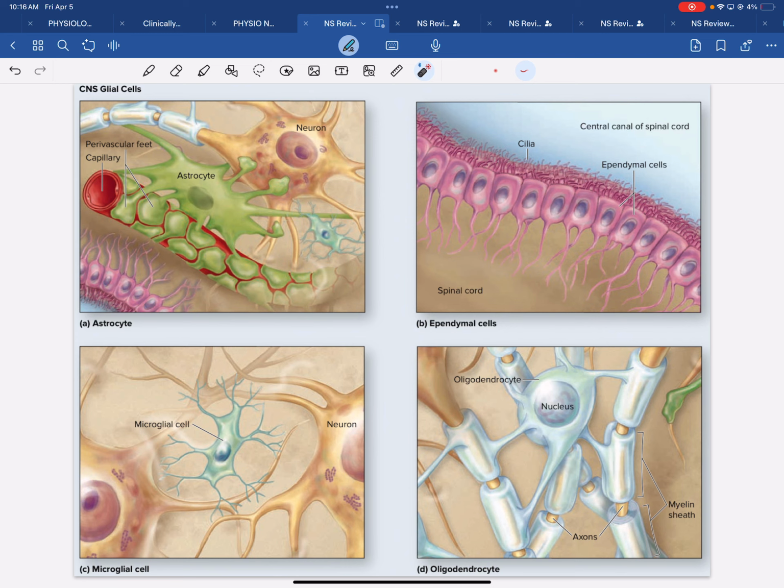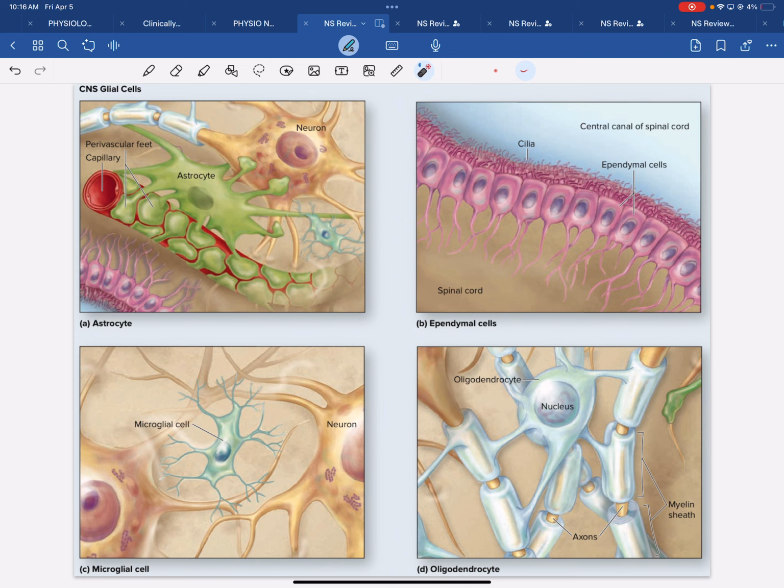What about the ependymal cells? In the brain, they produce CSF, and in the spinal cord, they move CSF. Nice. And where in the brain are they producing the CSF? In the ventricles. Where in the ventricles? Choroid plexus. Good, yes.